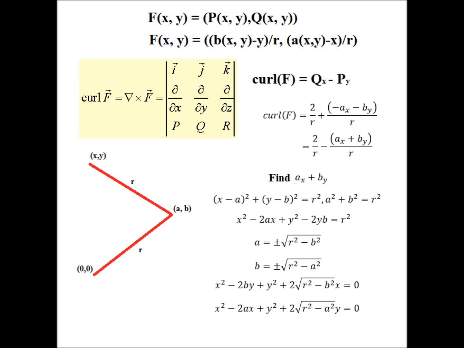Remembering that a is equal to plus or minus the square root of r squared minus b squared, and the opposite for b, we can plug in either a or b as these square roots to change the equations around and either get rid of a or get rid of b. Then we can find the partial with respect to x for the one with only a's, and the partial with respect to y for only b's. We're going to look at the one with a's here.